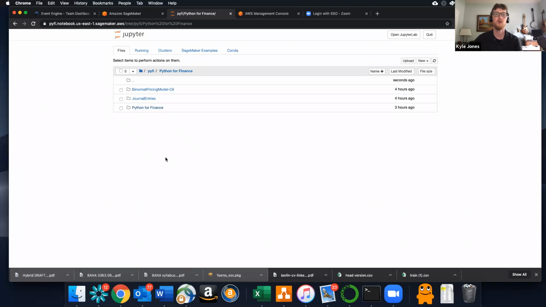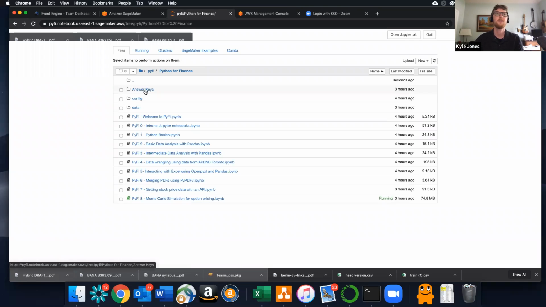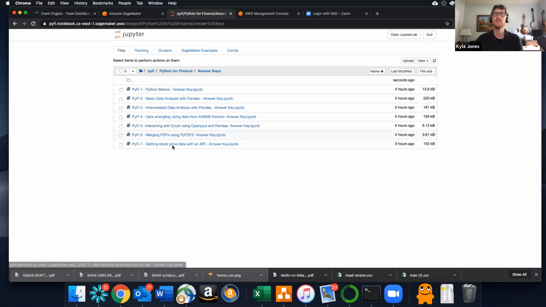So I'm happy to report that we have added answer keys. So you can go and check the way that you answered things on some assignments for the first couple ones, and see if that matches the way I did it. Like many things with computer programming, there's lots of different ways to get to the answer, so there's not a single right way of doing it.